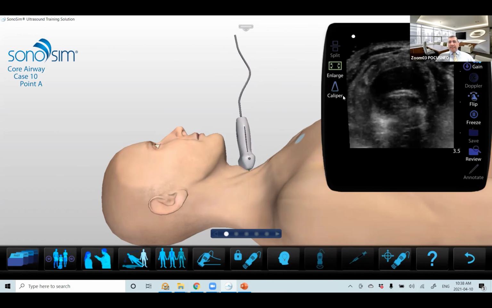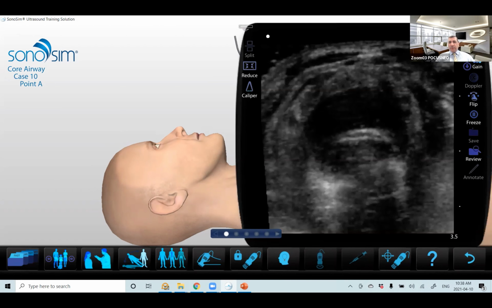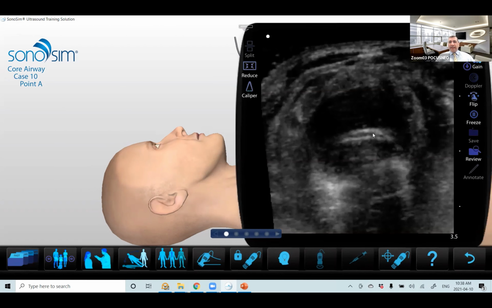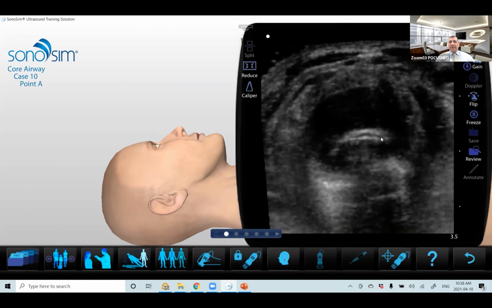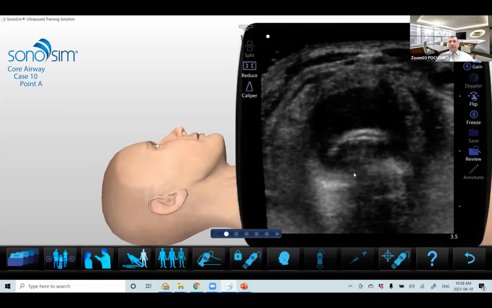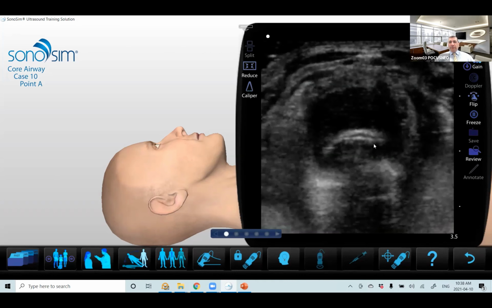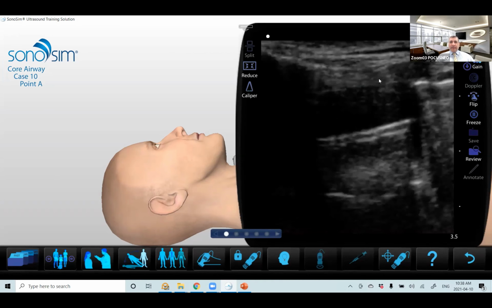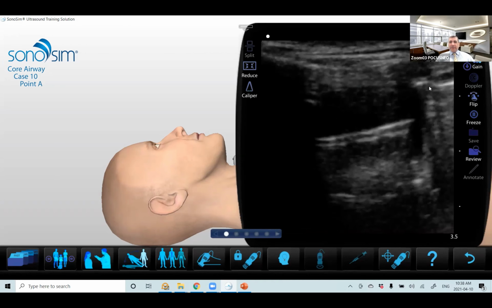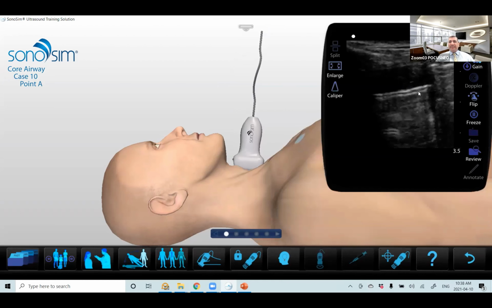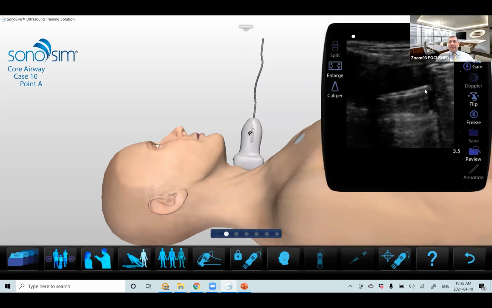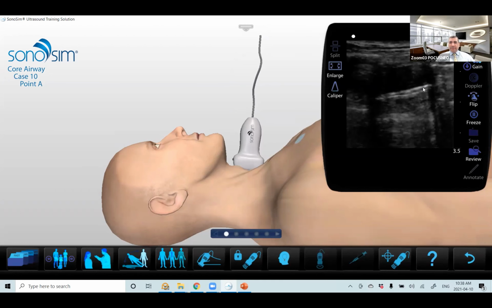So here you can see the airway, and you have a double line here. The double line here is the upper layer or anterior wall of the ET tube. And then if I move the probe more long axis, you will see the upper layer of the ET tube more straight. Then you are sure that the ET tube is inside, that's not the entire ET tube, just the anterior wall of the ET tube. Is it clear?